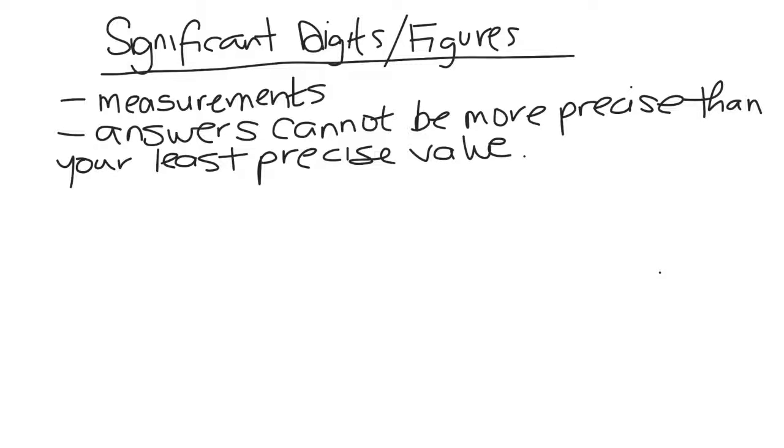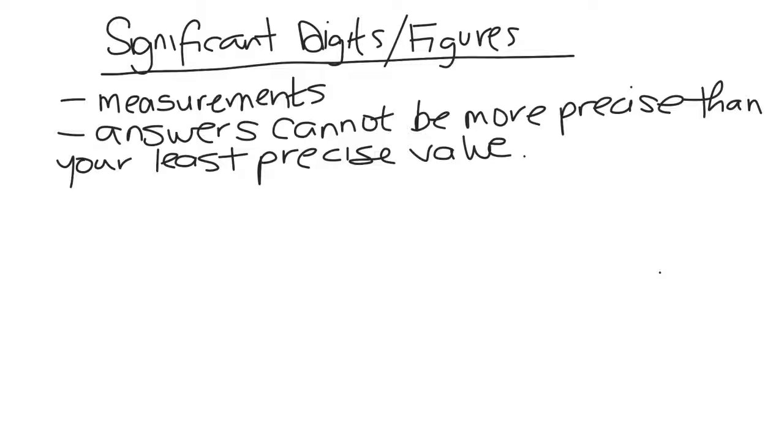So if I'm measuring something in kilometers, I can't report it to a meter because I wasn't measuring it in meters. If I am measuring something in meters, I cannot record centimeters because I did not measure in centimeters. So you can't represent your answers more precise than they actually are.